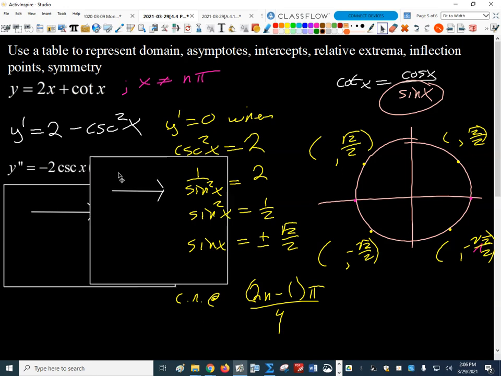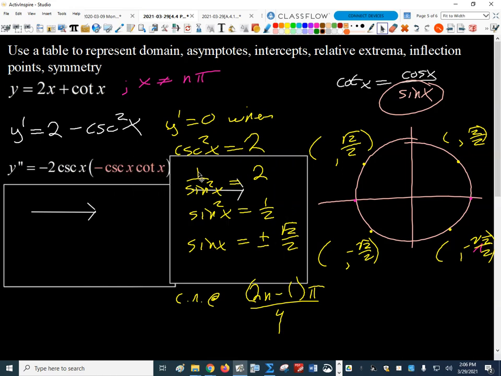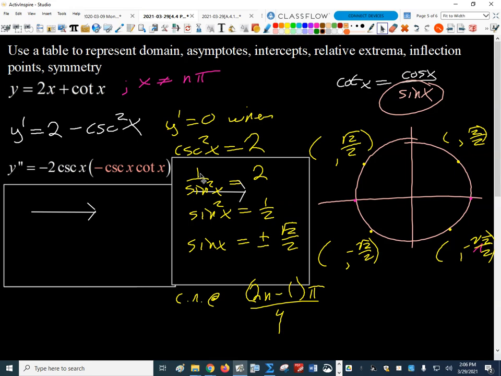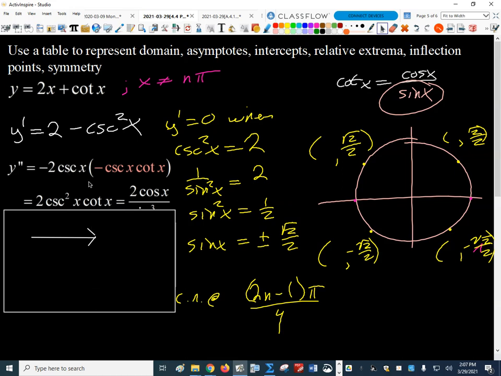And now we got to look inside the squared function. Inside the squared is a cosecant. What's the derivative of cosecant? Assuming you guys remember, that's negative cosecant cotangent, right? And so if I multiply that out, negative times negative is positive, so I get a 2 times cosecant squared times a cotangent.